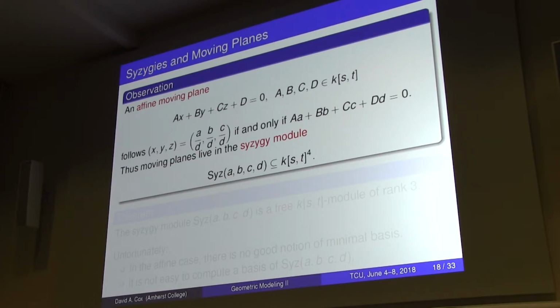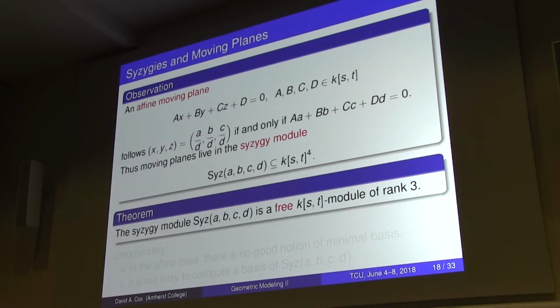If I let these be polynomials in S and T, then I get a moving plane. And of course, here's my parameterization. To follow the parameterization, when I plug this into this, it has to vanish identically. When I clear denominators, I get that. So in fact, in this situation, the moving planes lie in the syzygy module.